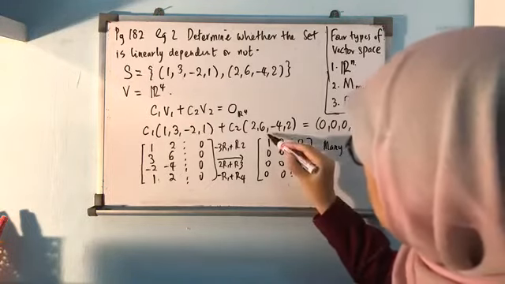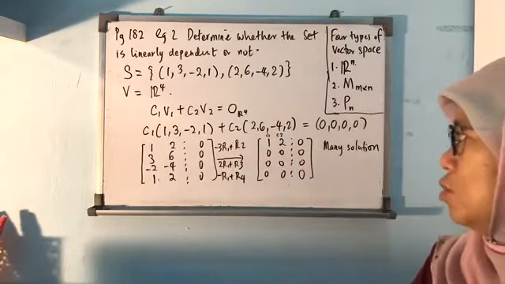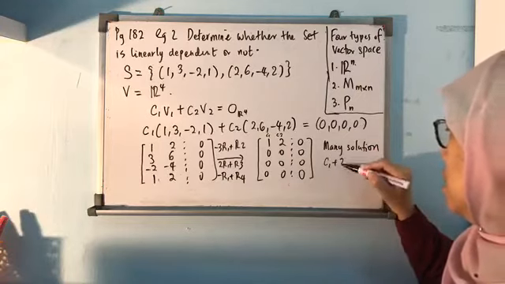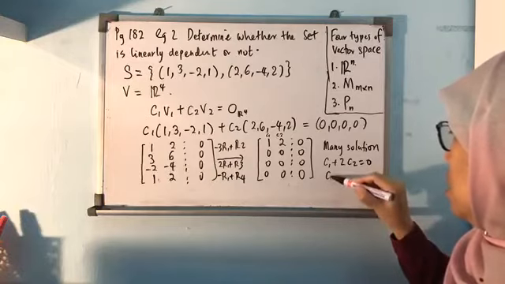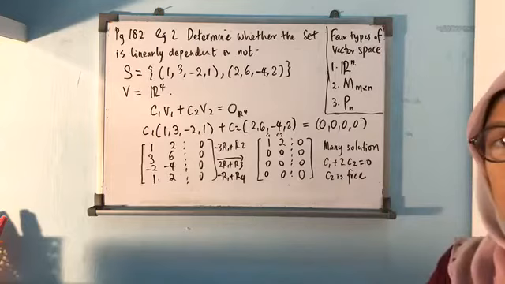Okay? If you want to solve, you will get C1 plus 2C2 is 0. C2 is free variable, right?